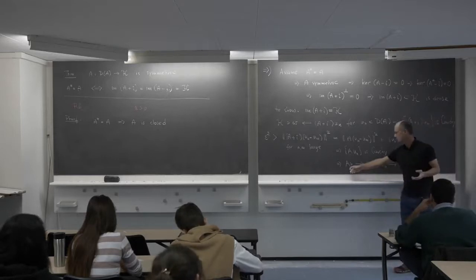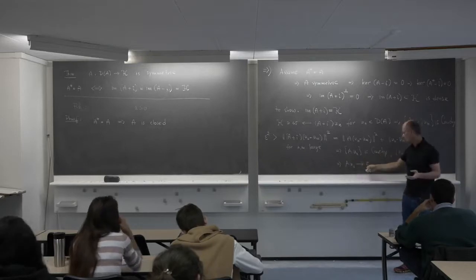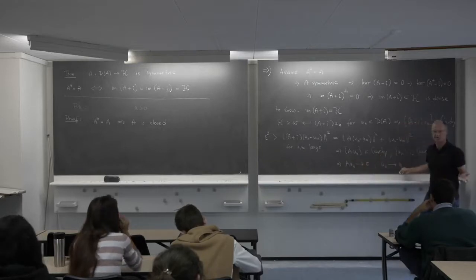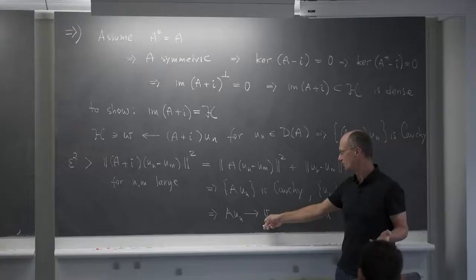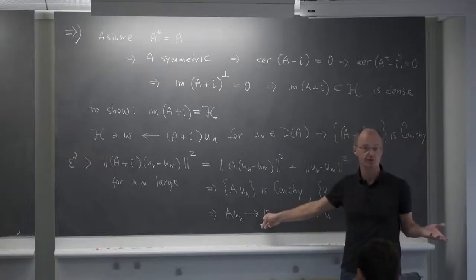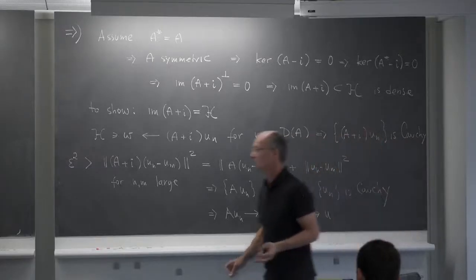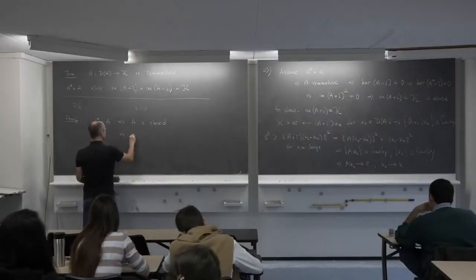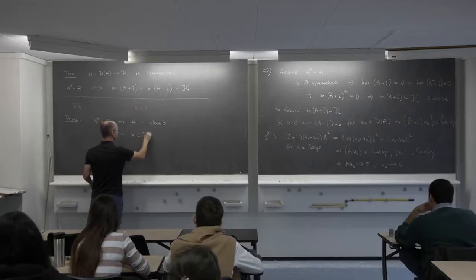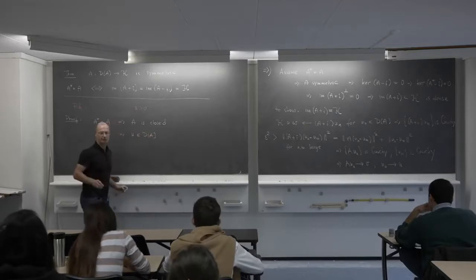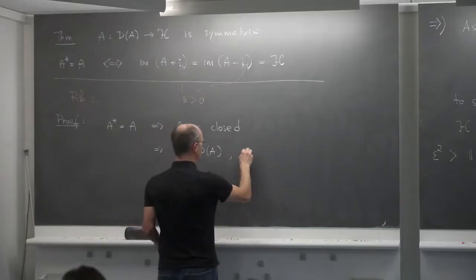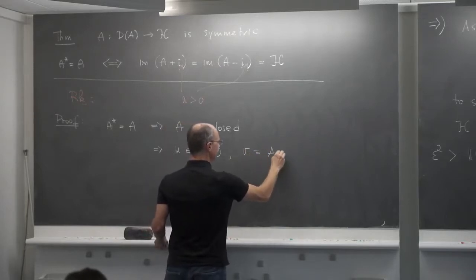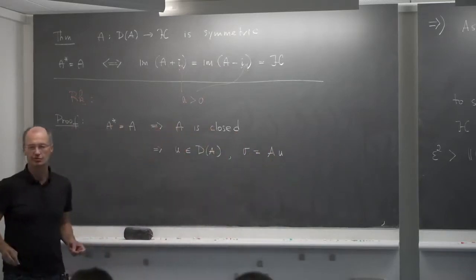Now we have a sequence of points in the graph, UN, AUN, which converges to some point. So this means that that point, (U, V), is also in the graph. So in other words, U is actually in the domain of A, and V is equal to AU.